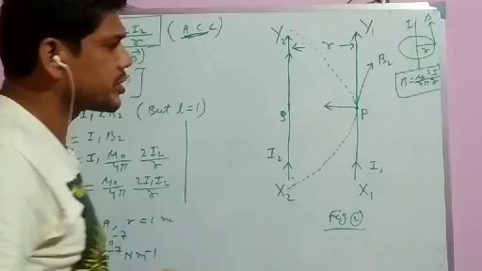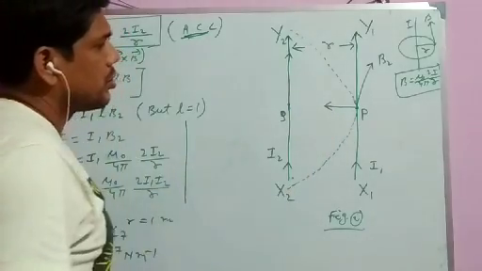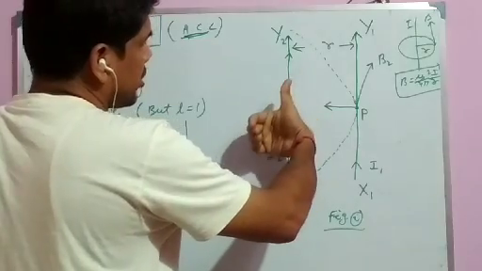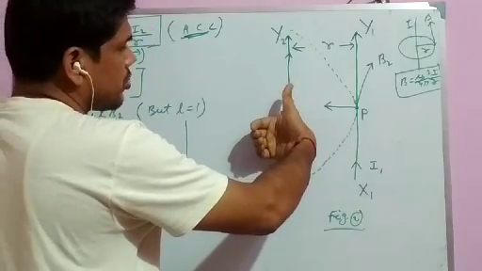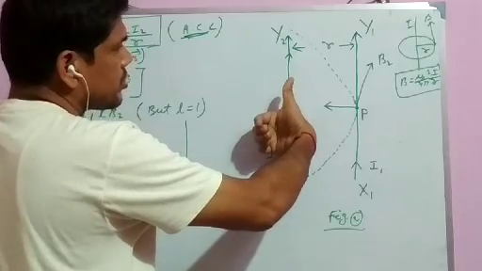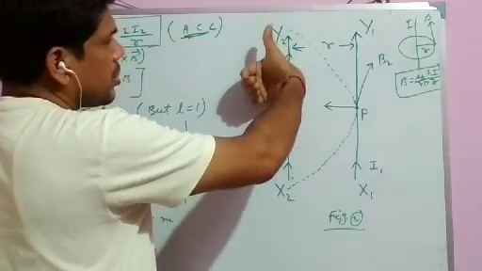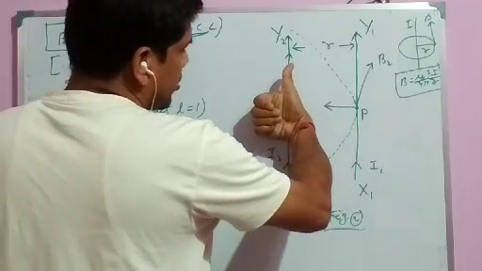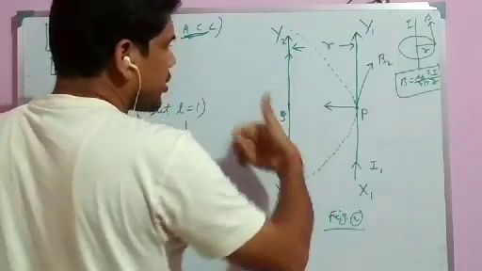Now to find the direction at point P, we have to use the right hand thumb rule, which is already discussed. We have to hold this current carrying conductor such that the thumb gives the direction of the current. Then the curling fingers give the direction of the magnetic field.